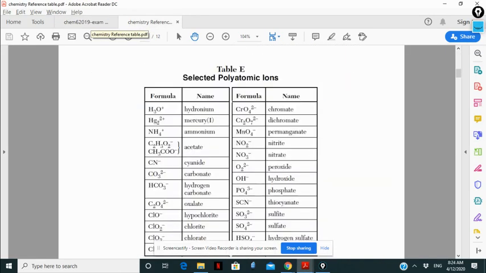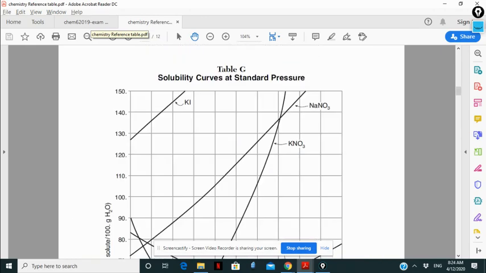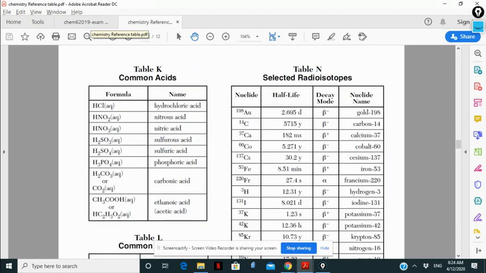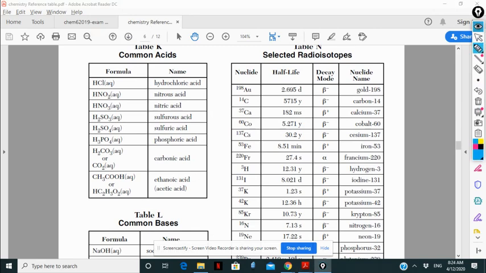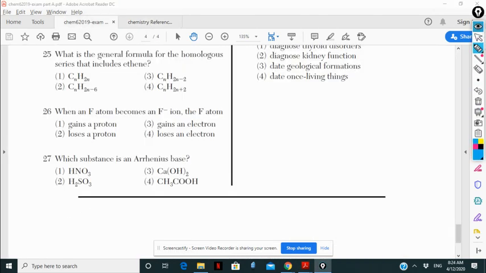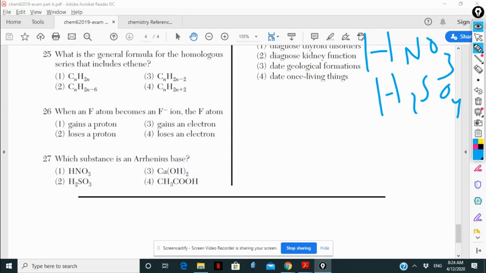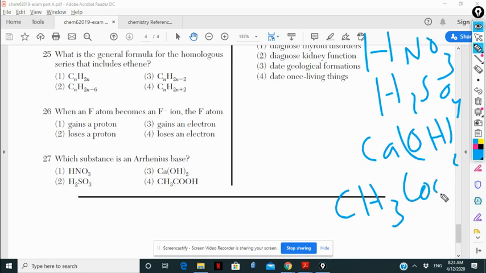Some common acids here. If you look here, I'm going to write the names: HNO3, H2SO4, Ca(OH)2, CH3COOH.